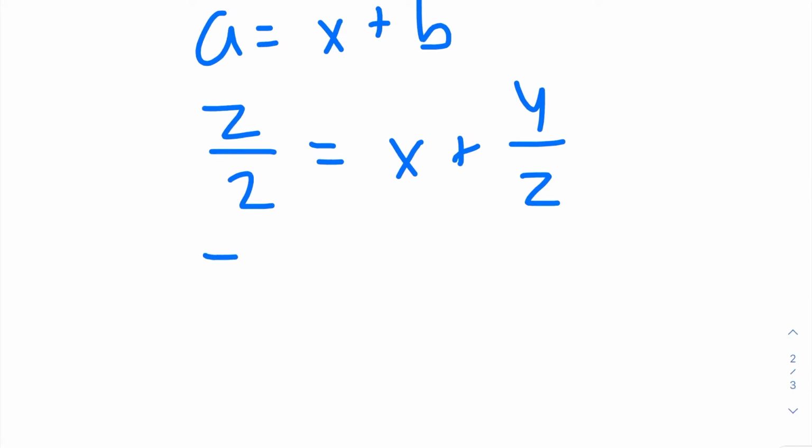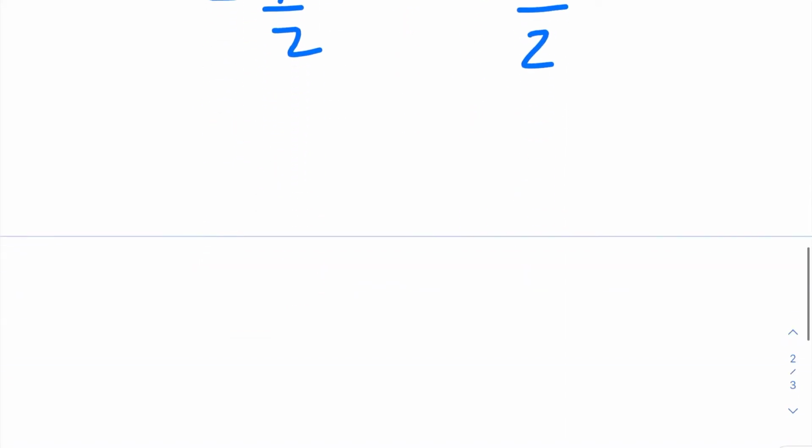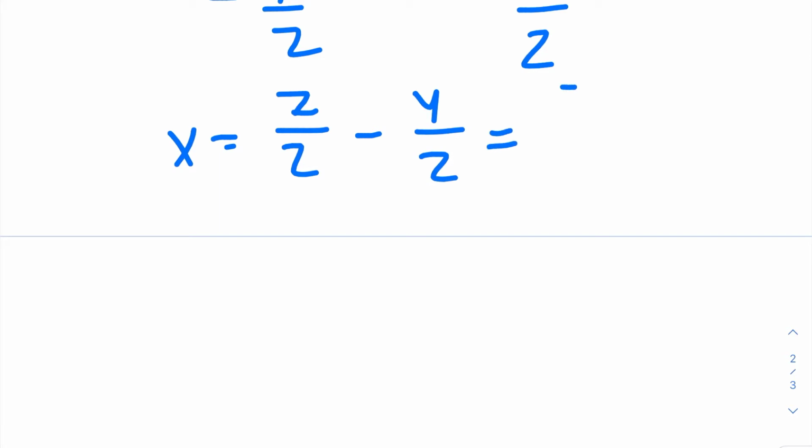Then if we subtract Y over 2 from each side, we get X is equal to Z over 2 minus Y over 2, which is equal to Z minus Y over 2.